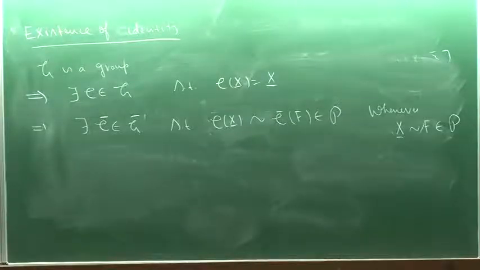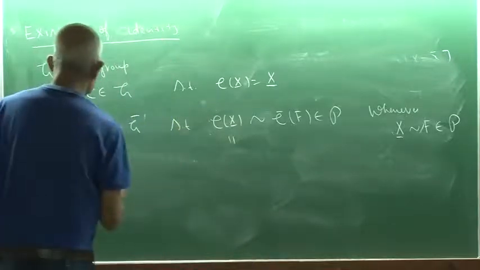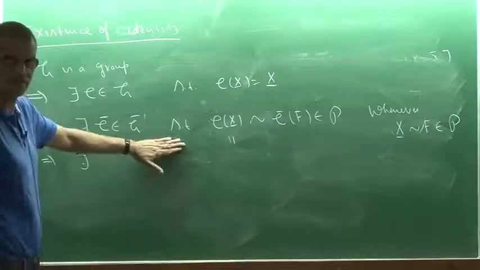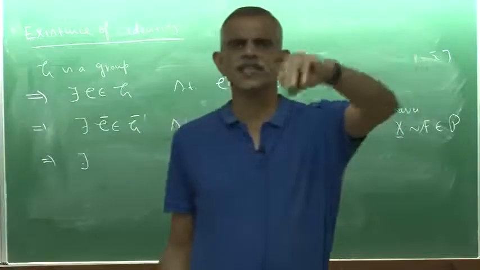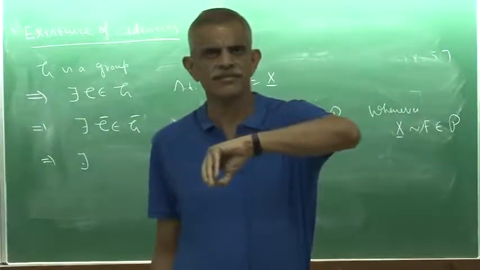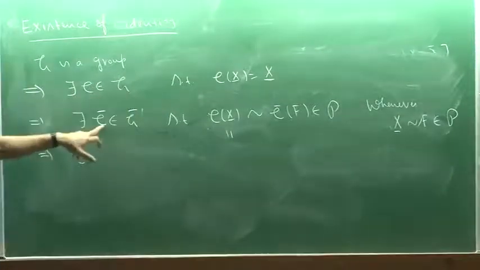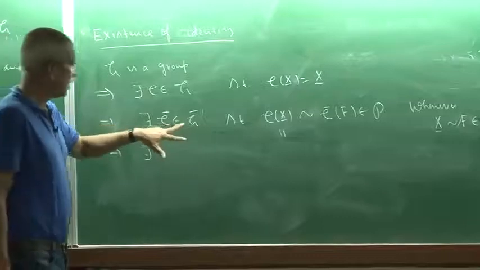But E of x is the same as x. So this is just the definition of G bar, because what is the definition of G bar? Each element in G induces an element in G bar which has this property. So this E which was in G would induce an element E bar belonging to G bar. And how is this element?